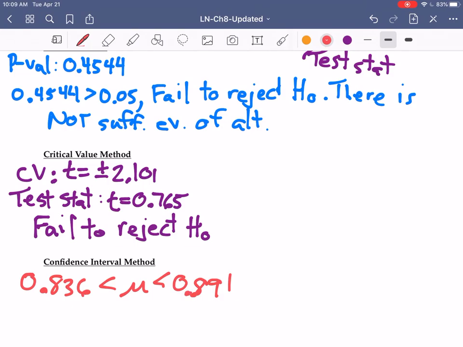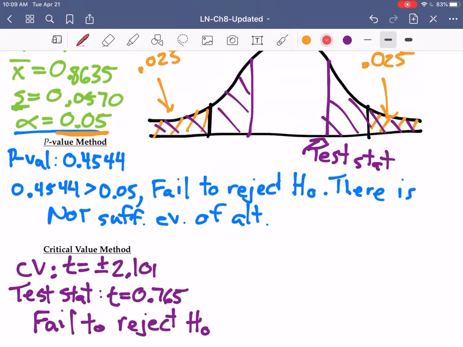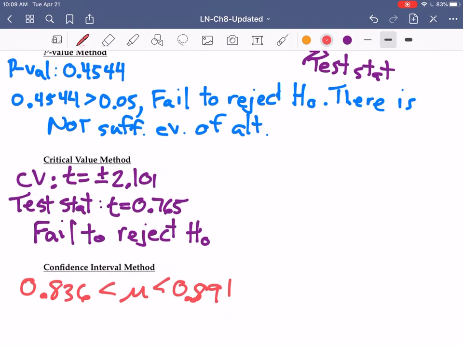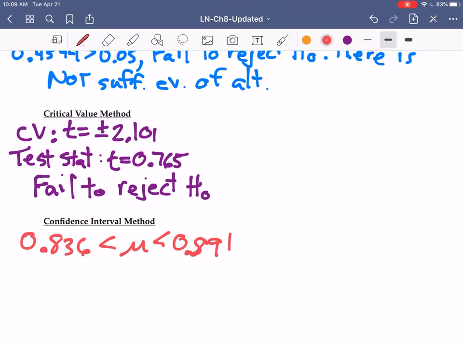That confidence interval is built based on the particular sample that we have, not on the alternative. We look to see whether the null hypothesis value lives in the confidence interval. 0.8535 is in this confidence interval, so we do not have evidence of the alternative. It is reasonable to believe the null hypothesis.